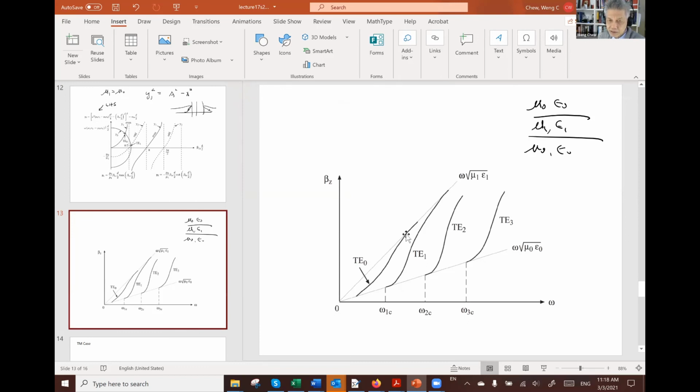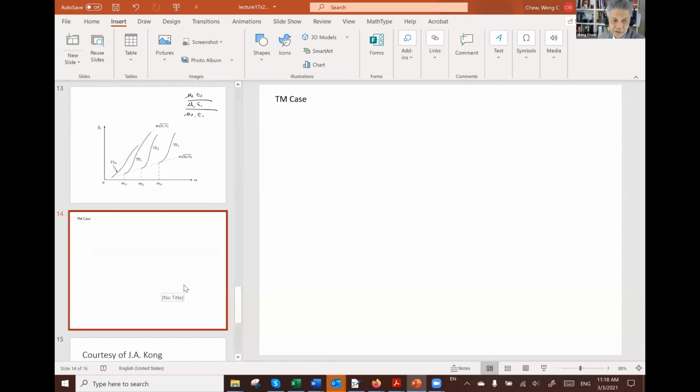And if the mode is strongly trapped inside the dielectric slab, it will approach the group and phase velocity of the dielectric slab. That is the kind of physical insight we can gain by looking at the solution. And the TM case, you can get this by using the duality principle. I will not go into detail, but the physics is very similar.